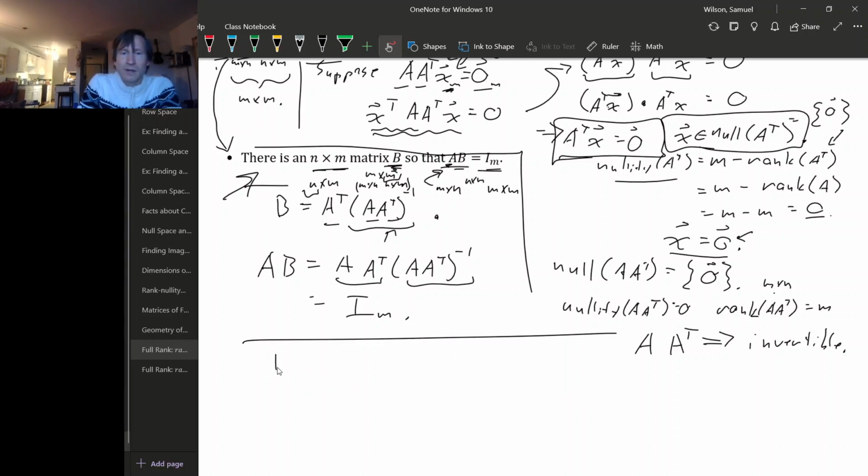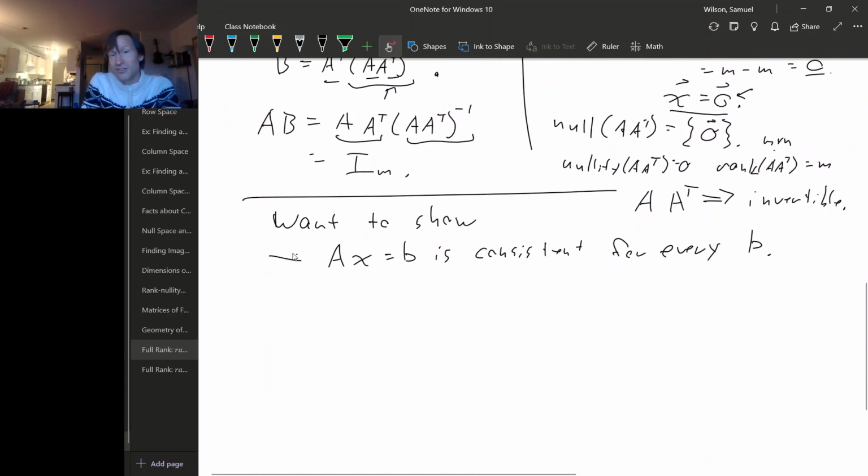Now, we want to show that AX equals b is consistent for every choice of b. In other words, we need to solve this equation, assuming that this matrix B exists.